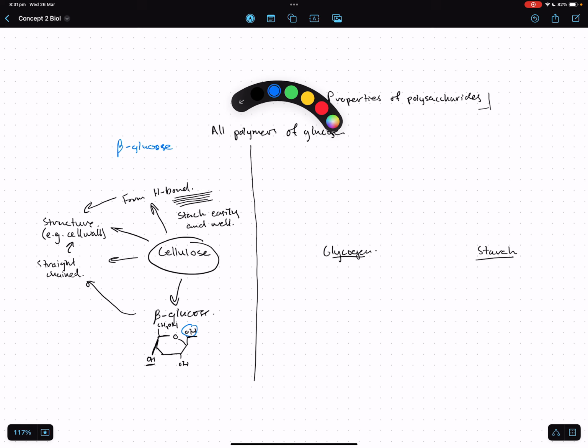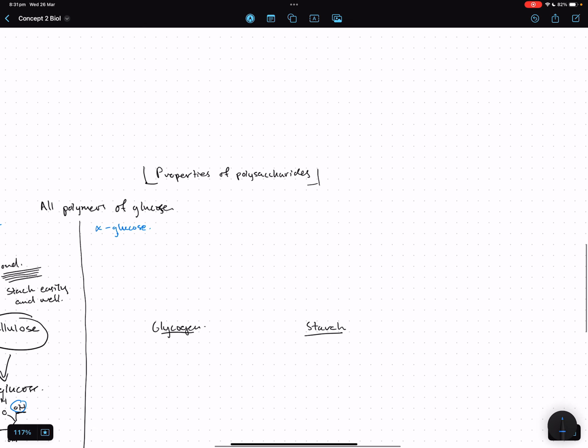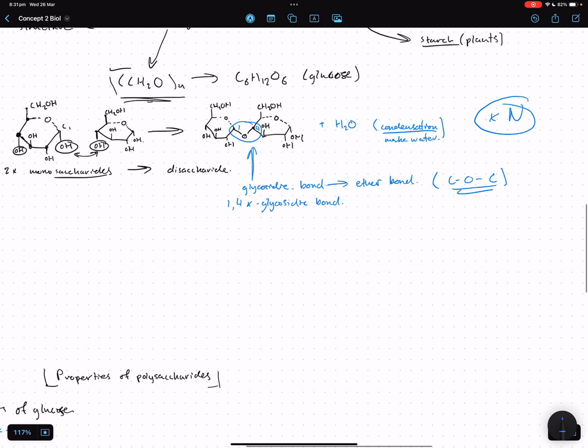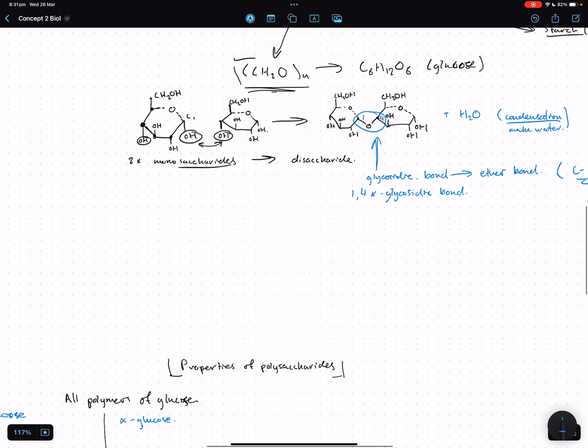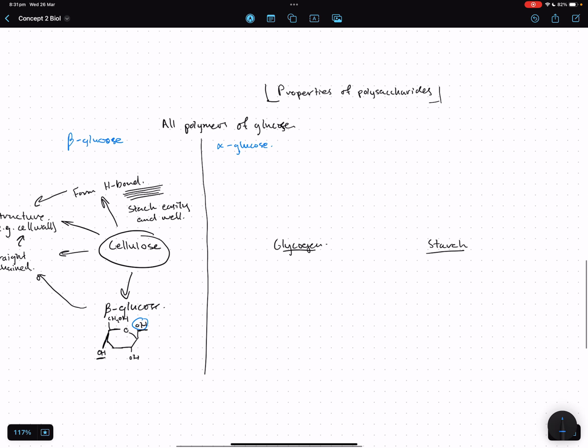This one is alpha glucose, right? Okay, so that's the monomer that we saw here. These are alpha glucoses.